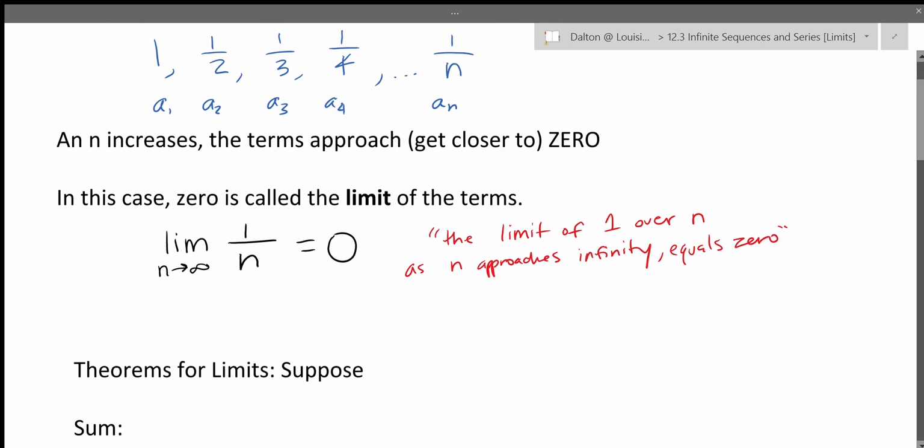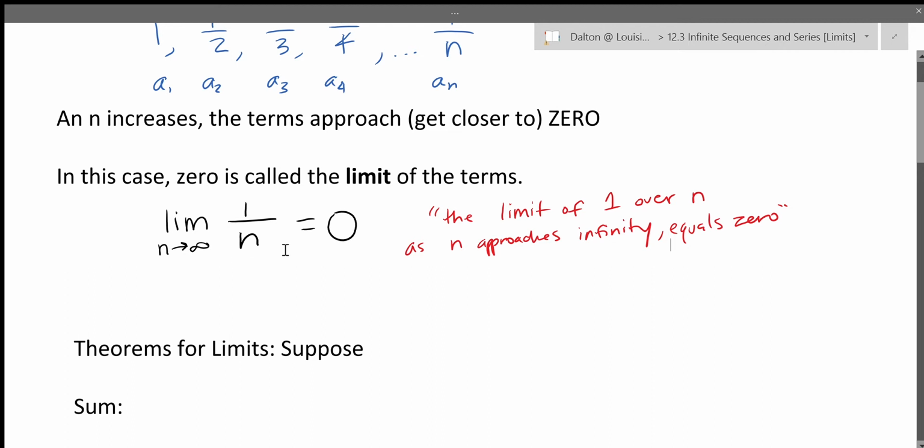The limit of 1 over n as n approaches infinity equals 0. So you kind of read a little bit ahead and then you come back to n approaches infinity.